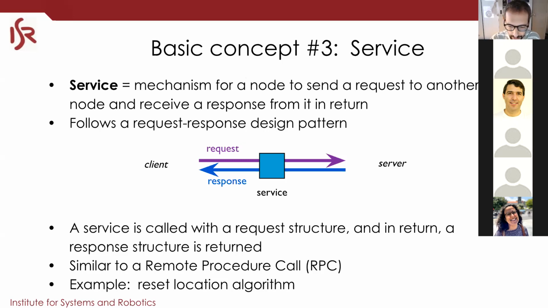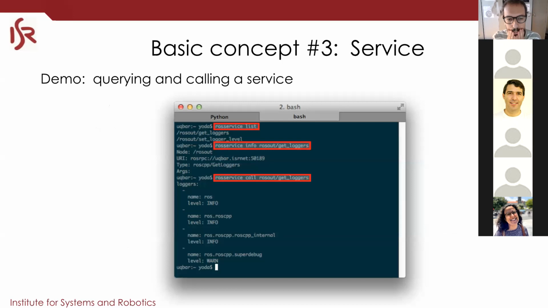Any more questions about services? Yes, I have a question. Sure, go ahead. Just to understand better, in the case that you need a topic only occasionally, for example a camera from which you only want an image every 10 minutes, if you use topics, are you flooding continuously, receiving messages which you're not using, or is it better to use a service in this case?